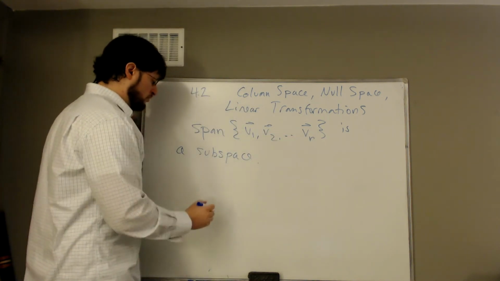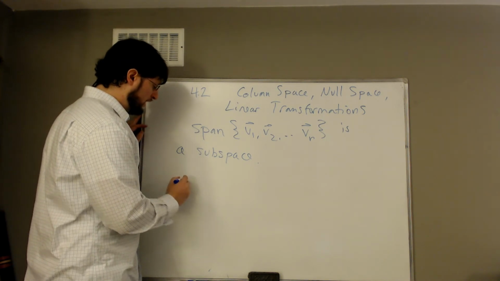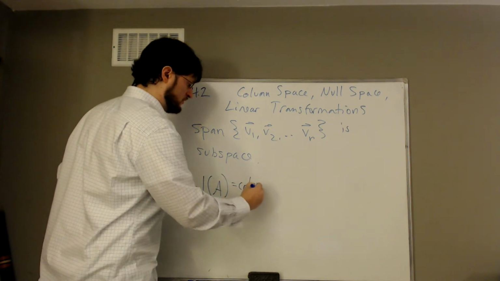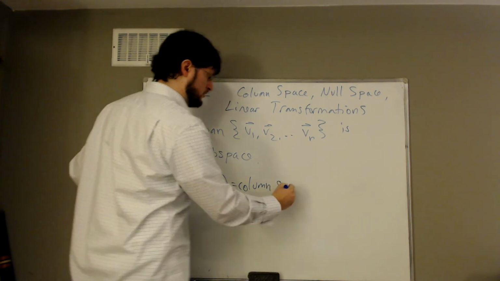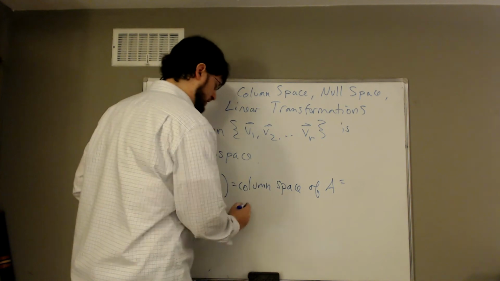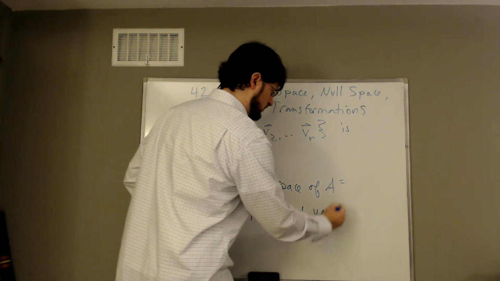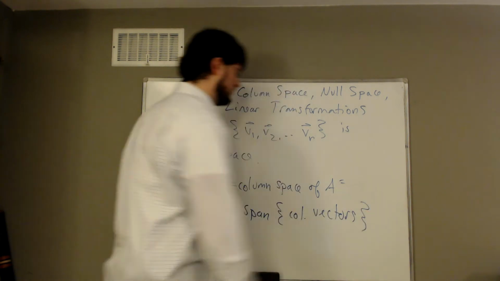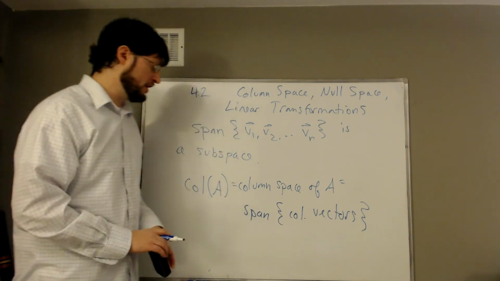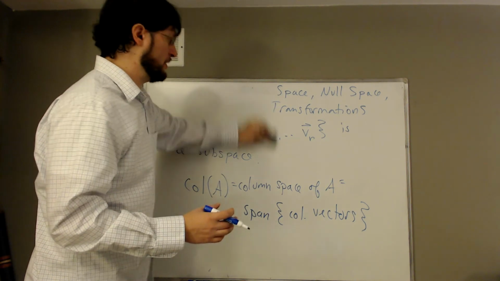Okay, so remember that if I have a matrix A, the column space of A is the span of its column vectors. And just because the span of anything is a subspace, the column space of A is a subspace. Now let's be careful about what it's a subspace of.